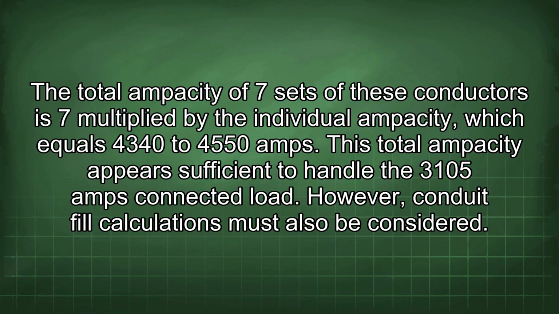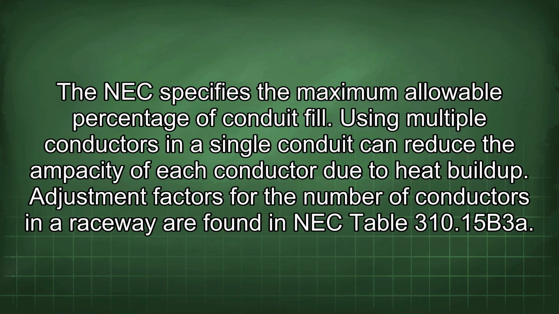However, conduit fill calculations must also be considered. The NEC specifies the maximum allowable percentage of conduit fill. Using multiple conductors in a single conduit can reduce the ampacity of each conductor due to heat buildup. Adjustment factors for the number of conductors in a raceway are found in NEC Table 310.15(B)(3).